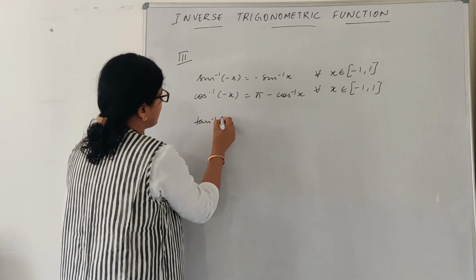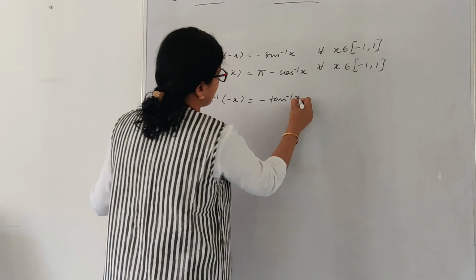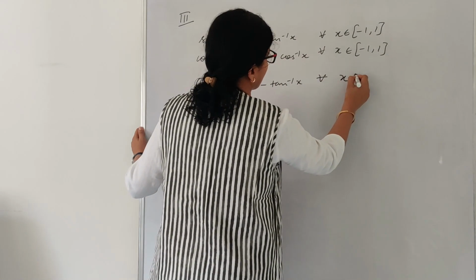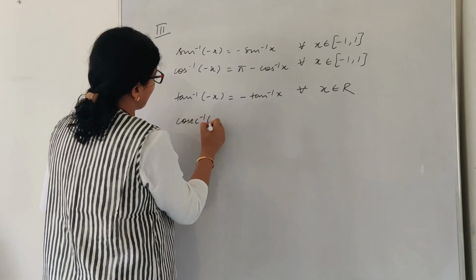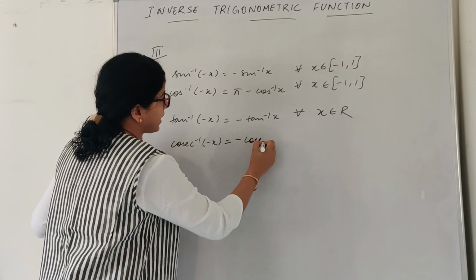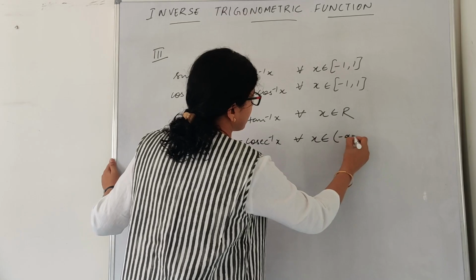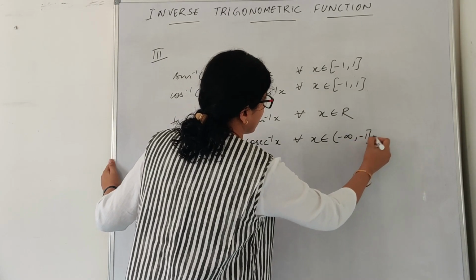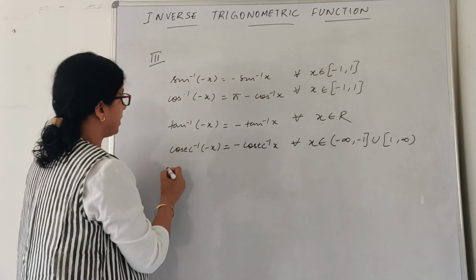Tan inverse minus x is equal to minus tan inverse x for all x belongs to R. Cosec inverse minus x equals minus cosec inverse x for all x belongs to (minus infinity, minus 1] union [1, infinity).